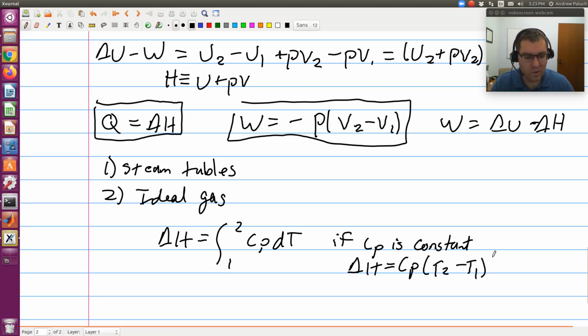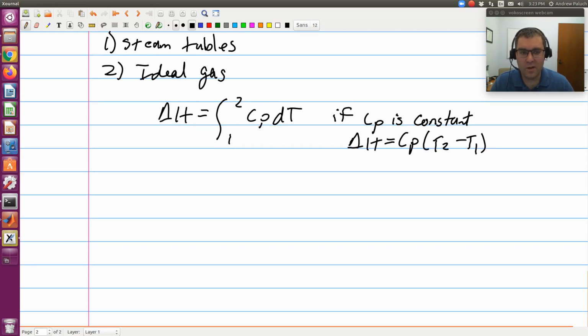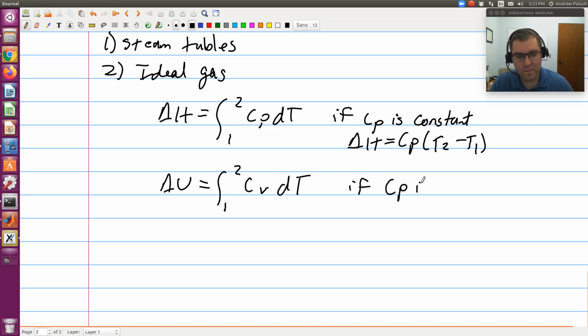In general, even for an ideal gas, Cp is a function of T, so you'd have to integrate that. Likewise for an ideal gas, just for completeness, delta U is the integral from 1 to 2 of Cv dT, and if Cv is constant, then delta U is Cv (T2 minus T1).